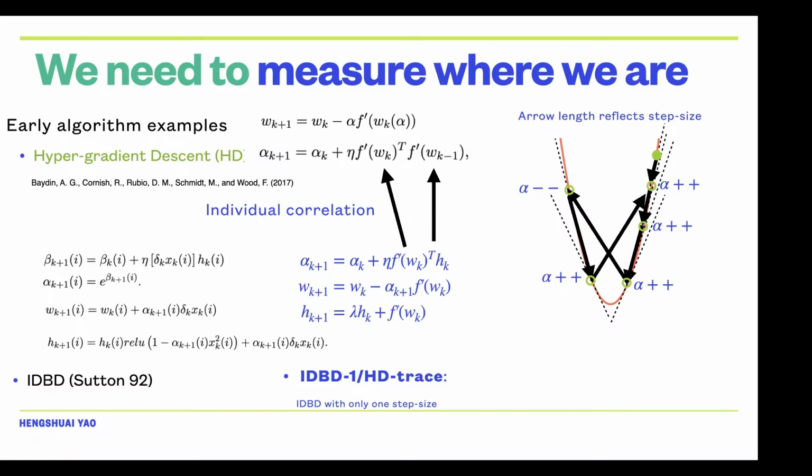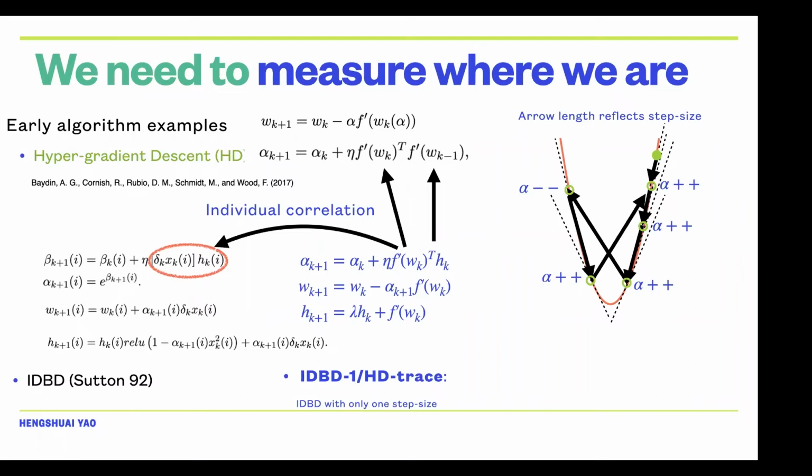Now, how do we recover IDBD? We recover IDBD by taking the measure of correlation for individual components. Here, suppose F is linear, then it's like this, and then it's like this. So this is very simple.